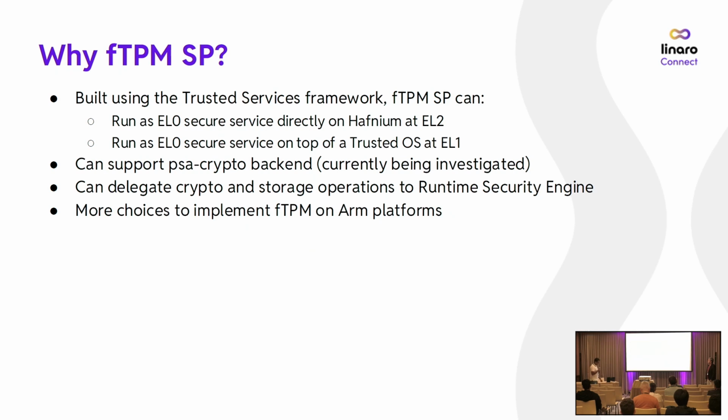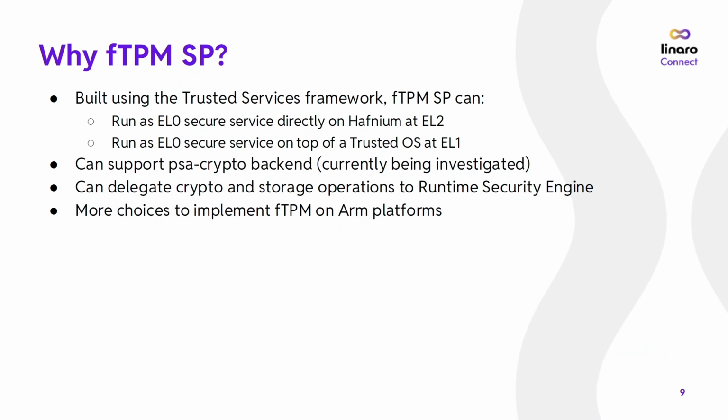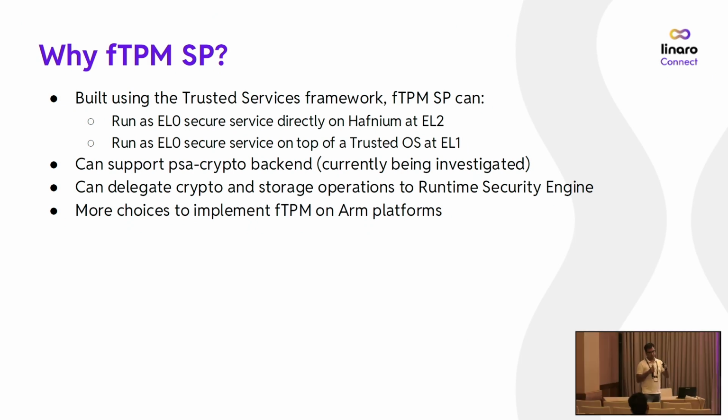Cool. Yeah, Gökhan talked about what fTPM is and what fTPM SP is. Now let's have a look at why fTPM SP. As Gökhan mentioned, we already have the fTPM TA, which is built on OP-TEE. Since the fTPM TA is built on OP-TEE, the TEE Client API needs to be used for communication between the normal world and the secure world.